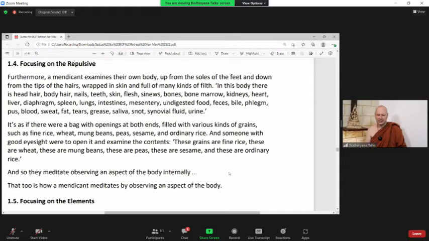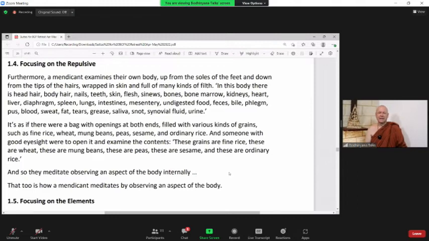So for this reason, it is particularly interesting here. So furthermore, a mendicant examines, investigates, contemplates their own body, up from the soles of the feet and down from the tips of the hairs, wrapped in skin and full of many kinds of filth or impurities, if you like.